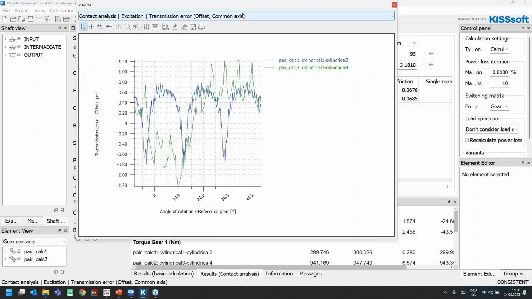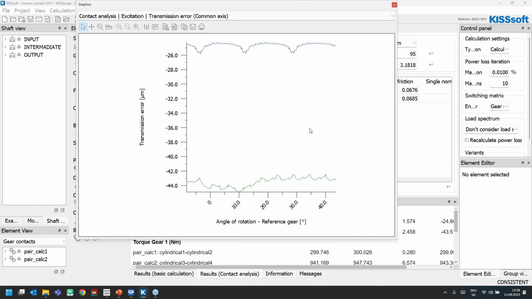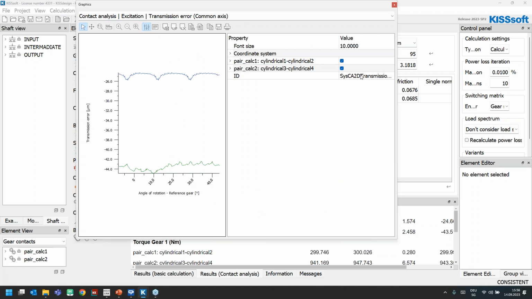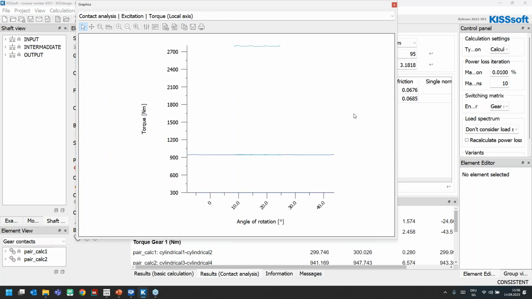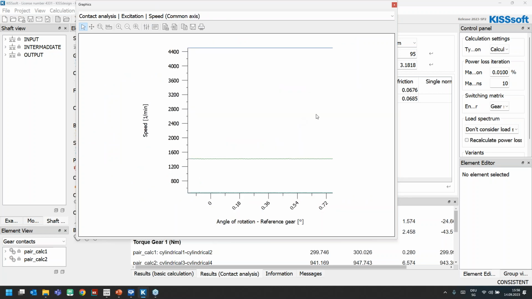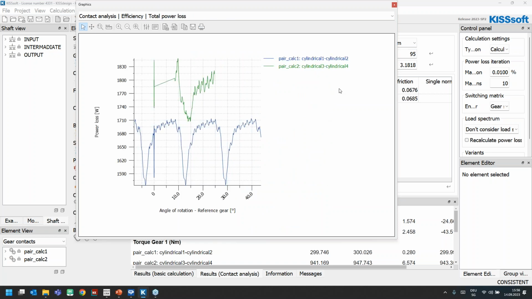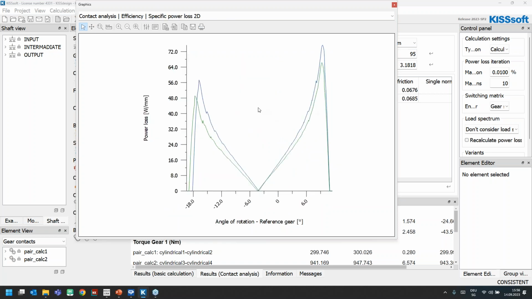This is something that was not possible before. We can see for both gear meshes, gear mesh 1, 2 and 3, 4, the transmission errors plotted in one graphic, and many other results which I simply don't have time to speak about, but we will discuss them and have a lot of web demonstrations next year in 2024 when we officially launch KISSdesign.